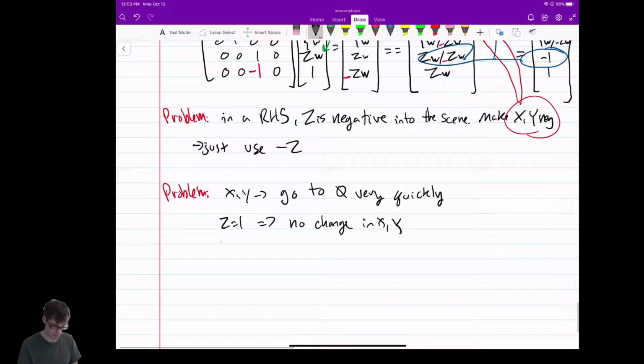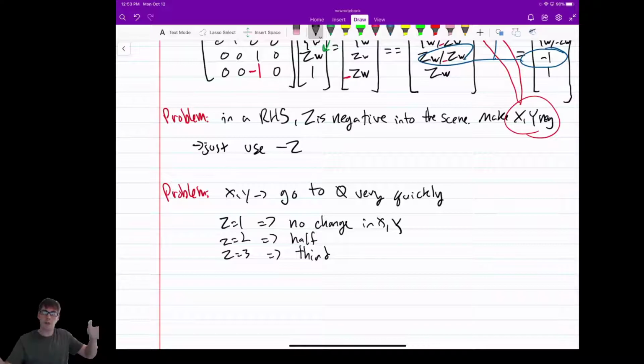If z is 2, just 1 unit further away, bam, gets double, half the size. Z is 3, becomes a third. So if I'm in a 100 by 100 by 100 space, very quickly the front is useful, and then bam, as I move 1 pixel in, I lose half the screen real estate.